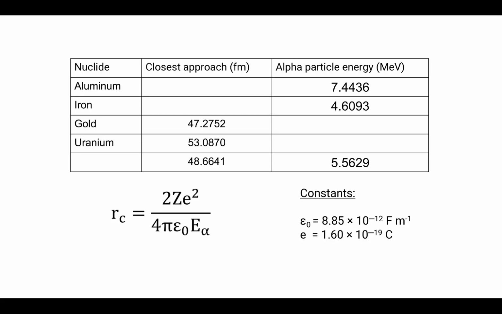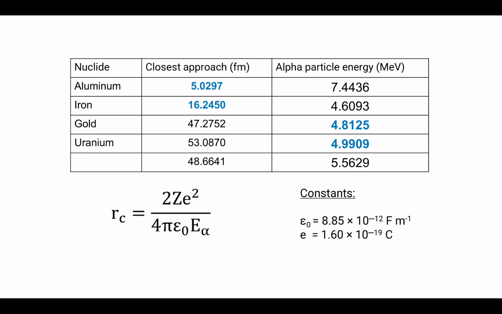Right, so what I'll do is just give the answers for each one. Aluminium should have got around 5 femtometers. Iron's around 16.2 femtometers. Then working the other way, finding the alpha particle energy. Gold, you should have got about 4.8 MeV.